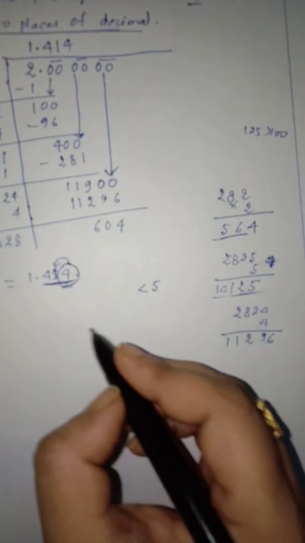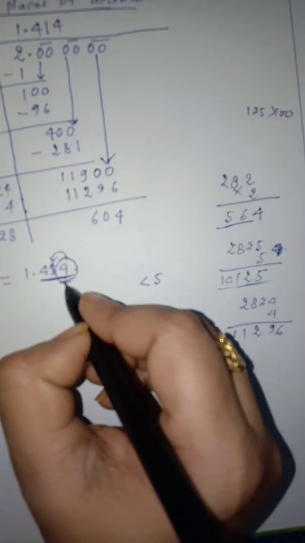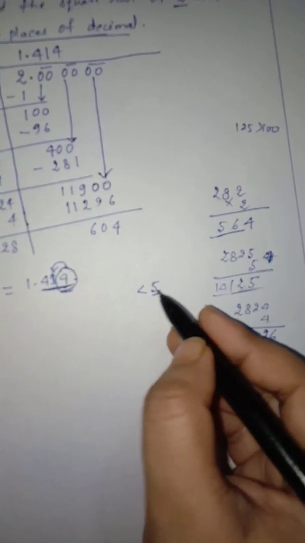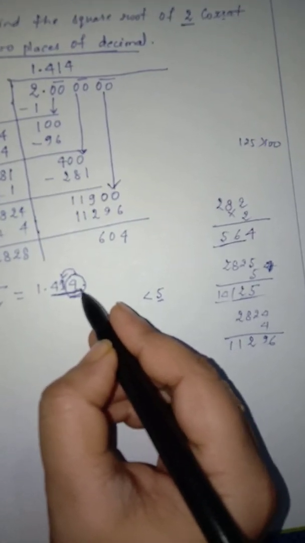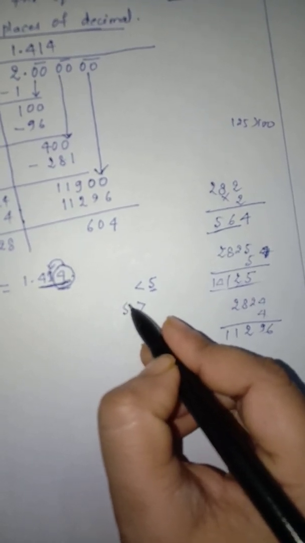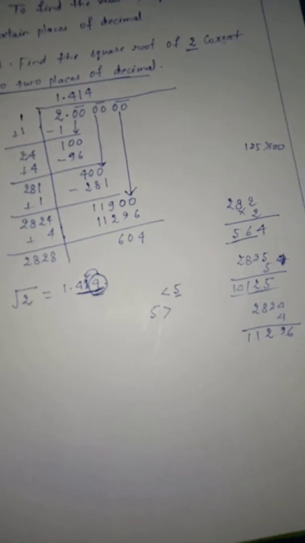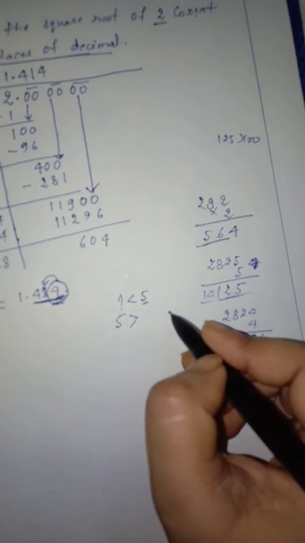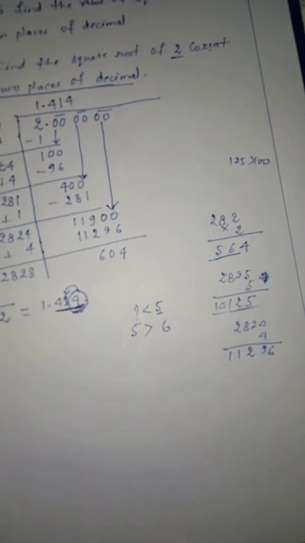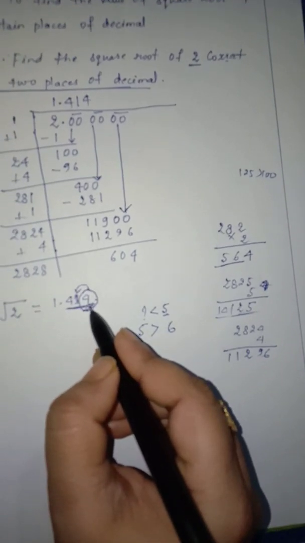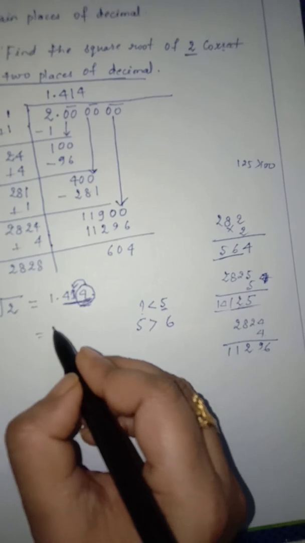If the digit at the last place is more than 5, suppose here instead of 4 it were 6, then we would add 1. But here it is 4, so there should be no change.